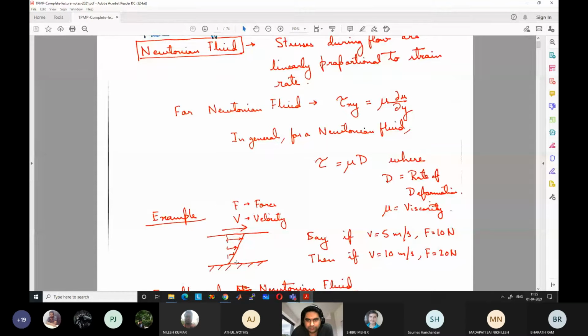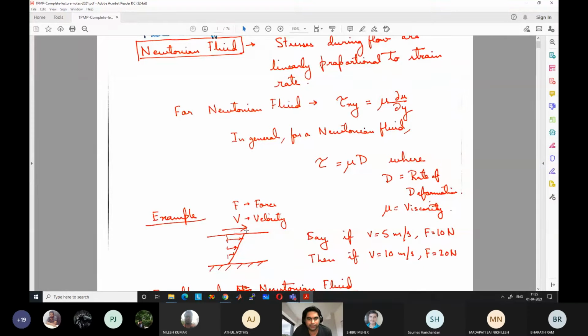Now, because the top surface is moving with a velocity v, and the bottom surface is static, there will be a velocity gradient, because at the bottom surface, due to no slip, the fluid just adjacent to the bottom surface cannot have any velocity. So it will have zero velocity. Similarly, the fluid which is just adjacent to the top surface, just below the plate, will be moving with the same velocity as the plate.